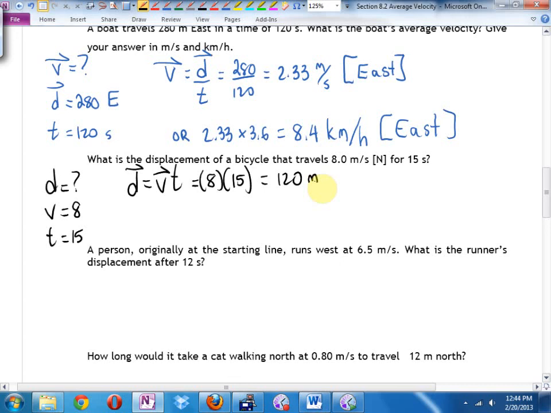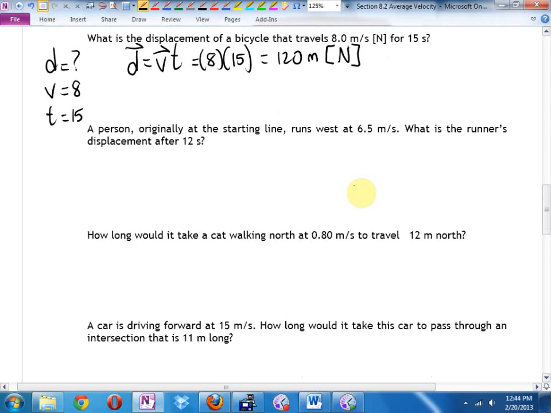How can I turn it into a displacement? I need a direction. Is that okay? So we're doing some applied math here. Oh, they didn't say convert to kilometers, right? So we're good with that. Try the next one on your own.